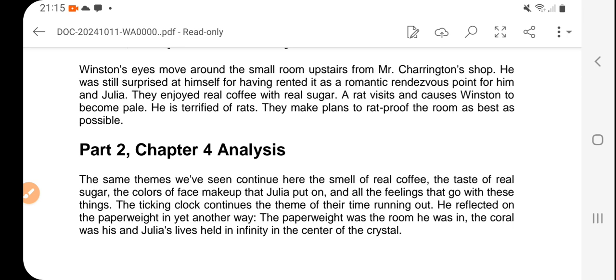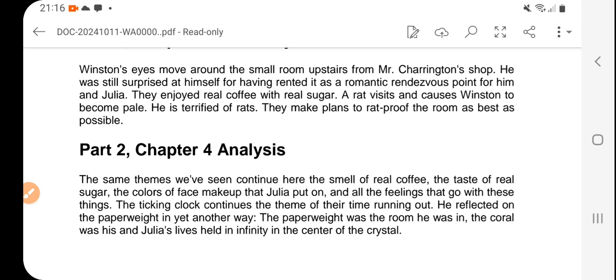So in this chapter, Winston's eyes move around the small room upstairs from Charrington's shop. Winston is still surprised at himself for having rented it as a romantic rendezvous point for Julia. He is not believing that Julia is with him and they are enjoying life. They are experiencing real life.